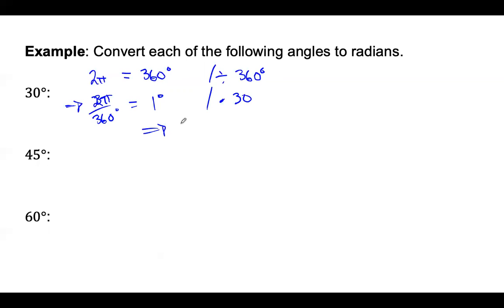So 30 times 2 pi divided by 360. 30 times 2 is 60. 60 goes into 360 6 times. I'll cancel that. So this implies 30 degrees equals pi divided by 6 radians.